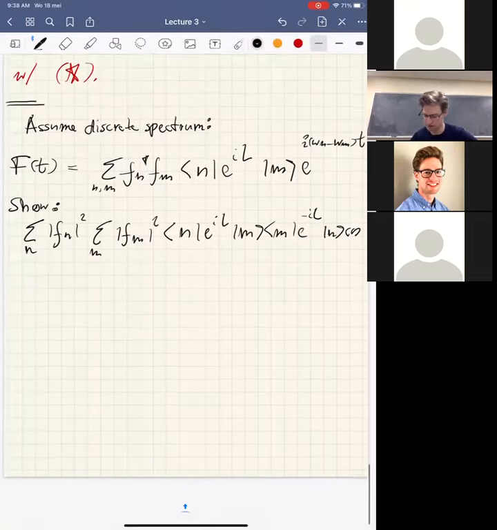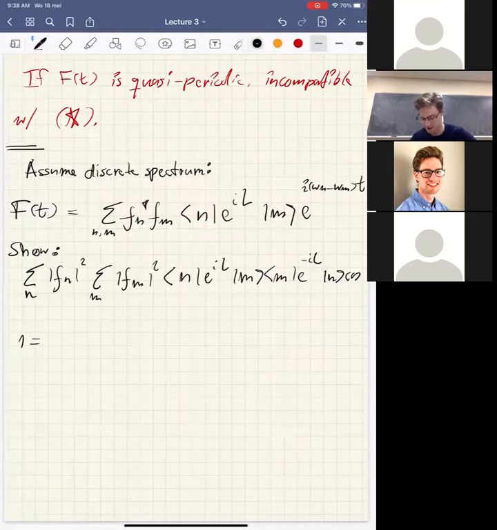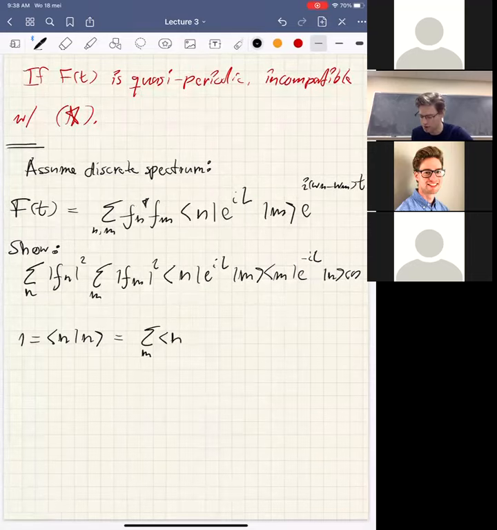So how can we do that? Well, we can start with 1 and write it as the overlap of the state with itself. And then we can write it in the following way. Here we're just inserting a complete basis of states in order to rewrite 1 in a nice way, where we make use of this e to the i.